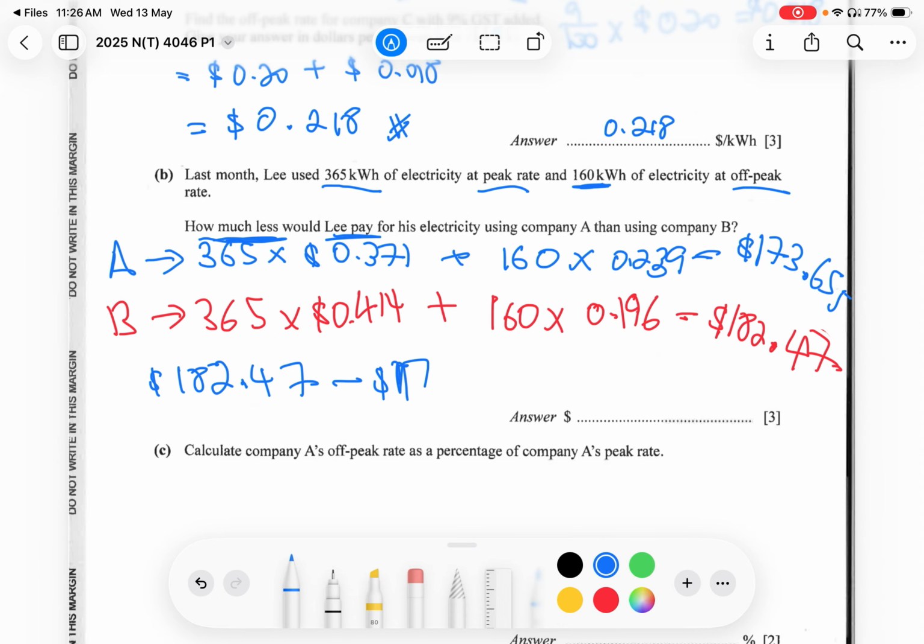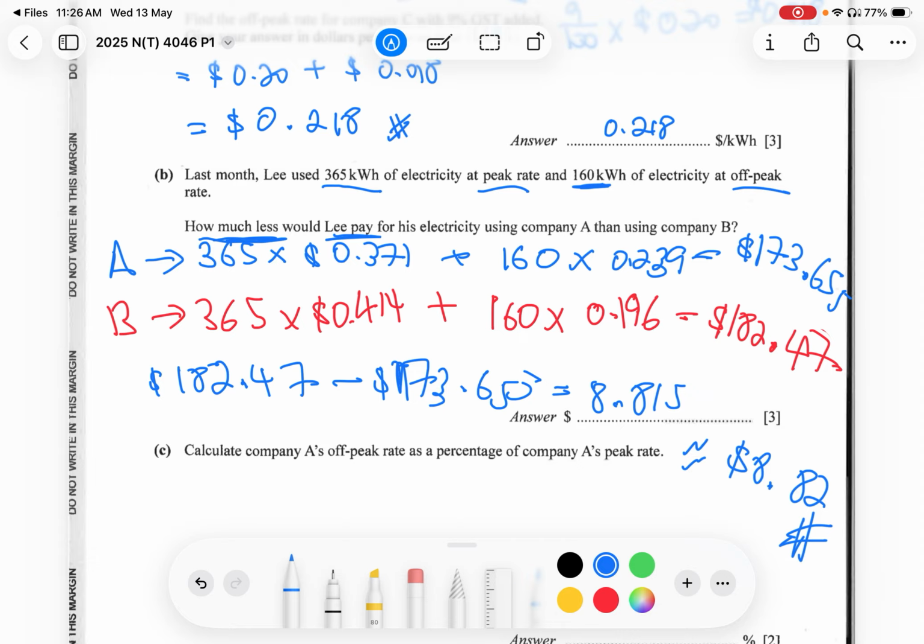A is cheaper. By how much? $8.815. You can round off to two decimal places. Cheaper by $8.82.